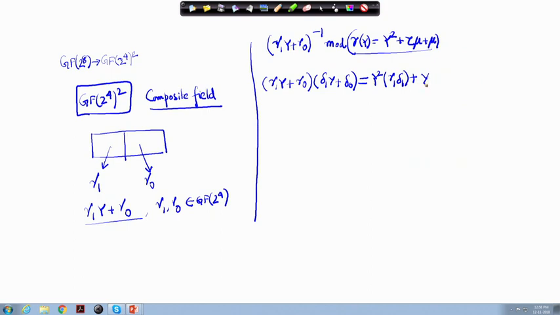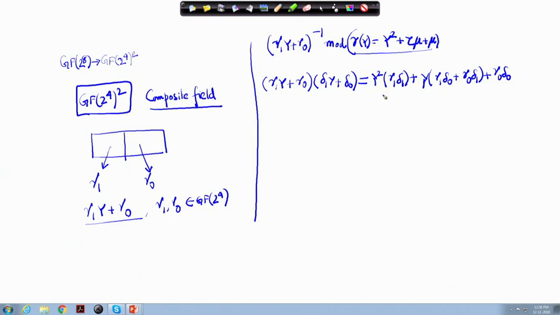Likewise, for y, the coefficients are gamma 1 delta 0 plus gamma 0 delta 1, plus gamma 0 delta 0.